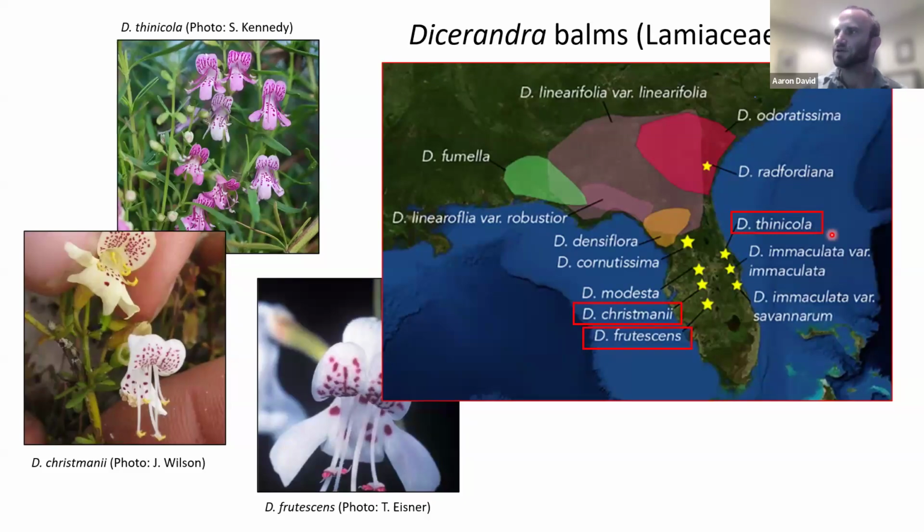And then also on the ridge, I'll mention we have Modesta, and then further up you get Densiflora and Cornutissima. But yeah, it's actually a very interesting story about the evolution of this genus, and it's one of the really cool things we have here in Florida that really just evolved on these ridges.